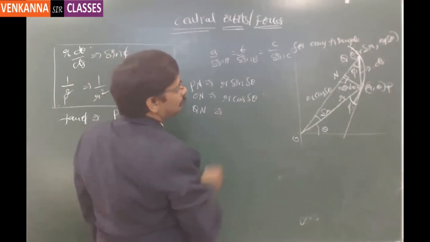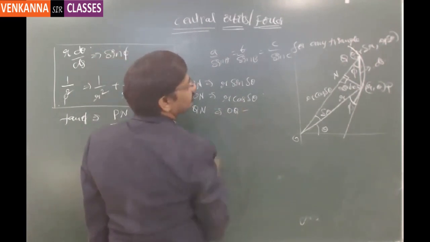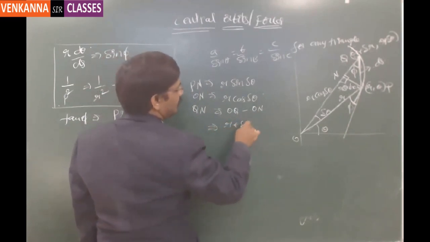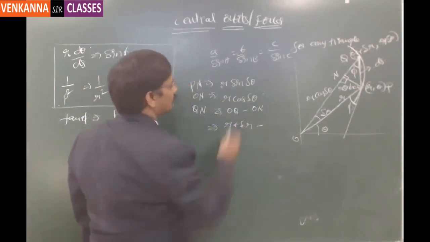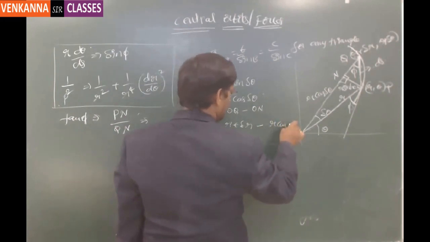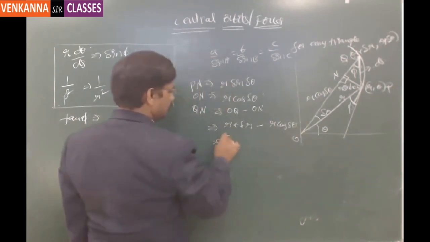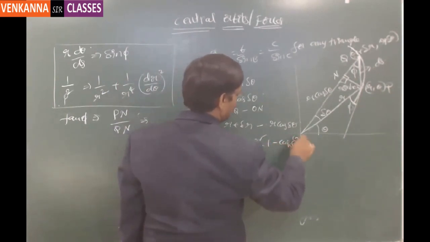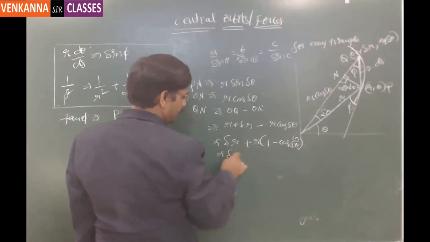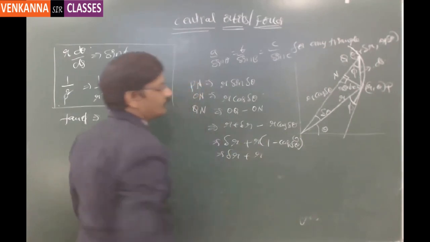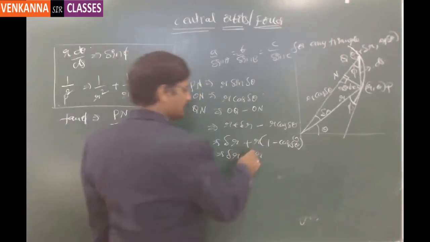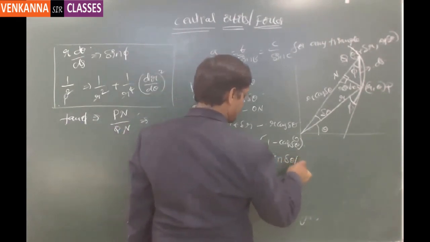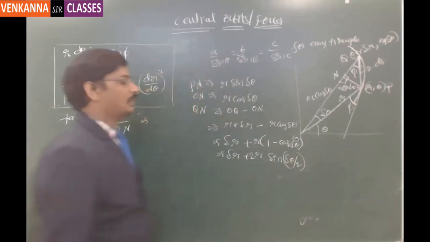Qn is equal to OQ minus On. OQ can be expressed as r plus delta r, minus On, which is r cos delta theta. Now this is delta r plus r times (1 minus cos delta theta), and 1 minus cos delta theta can be expressed as 2 sin square delta theta by 2.